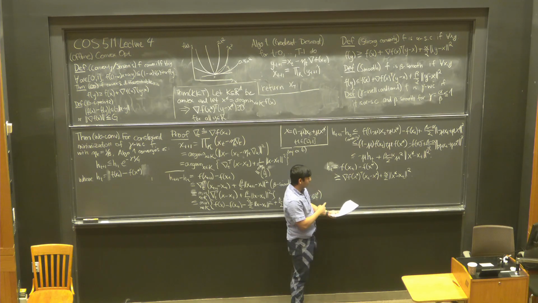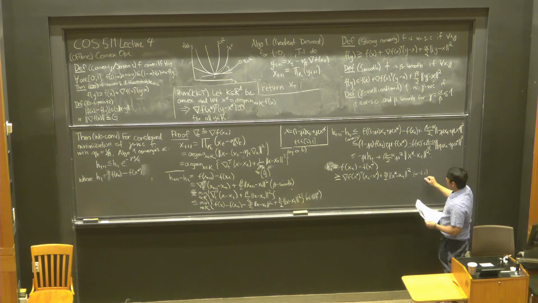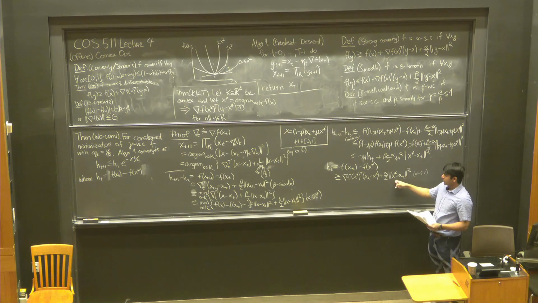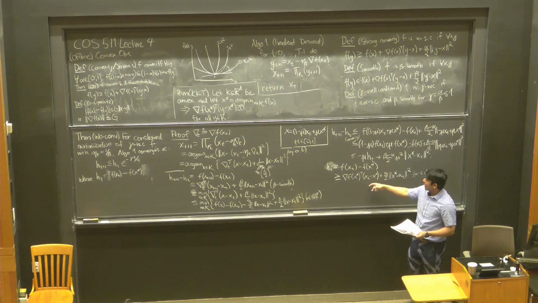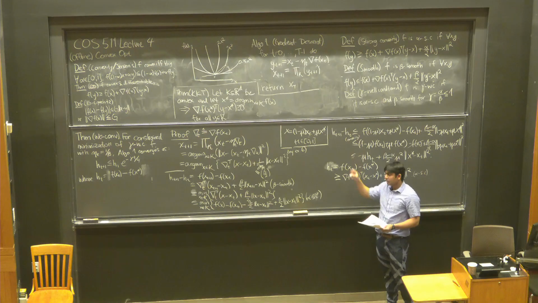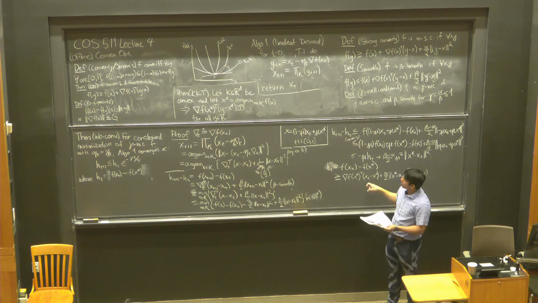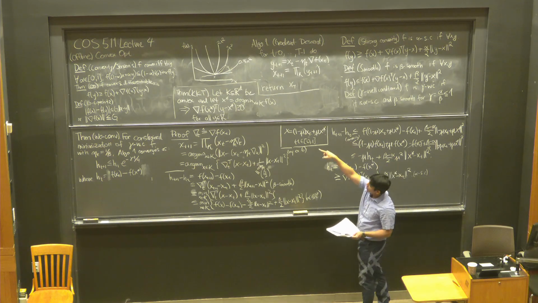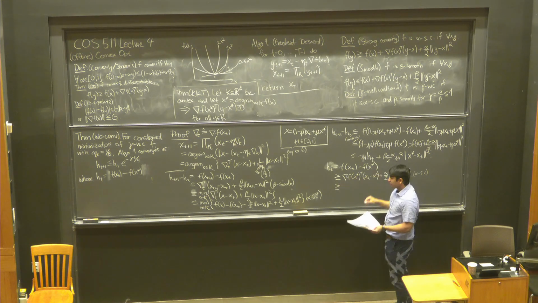And then, this almost looks like this, except there's this pesky term in the way. But we know by KKT conditions that this term is non-negative, right? This is non-negative by the KKT conditions over there. So I can just remove this term.